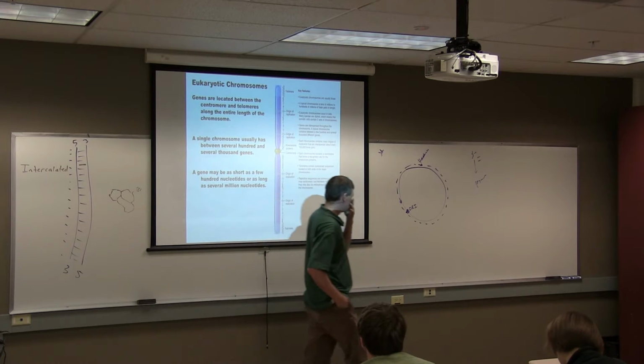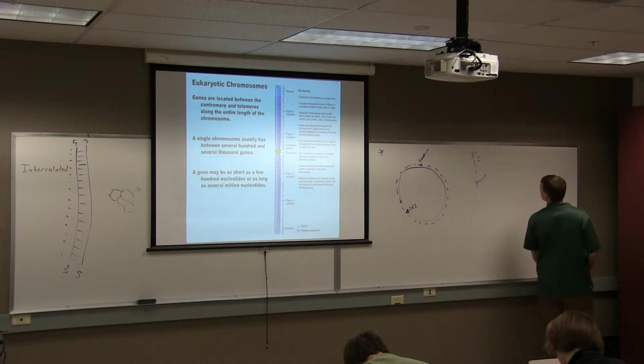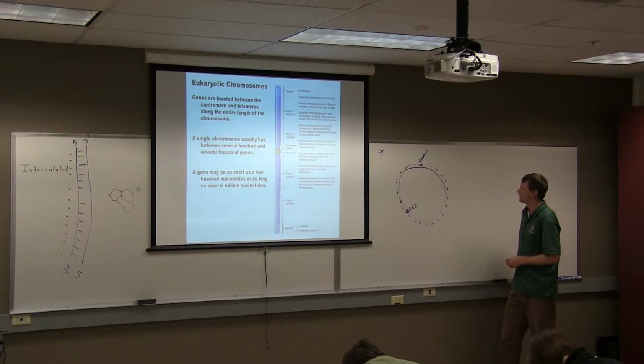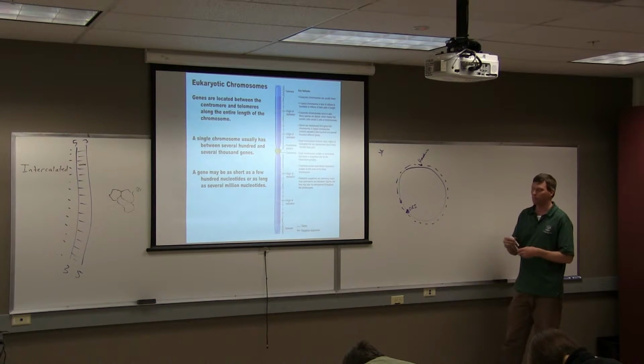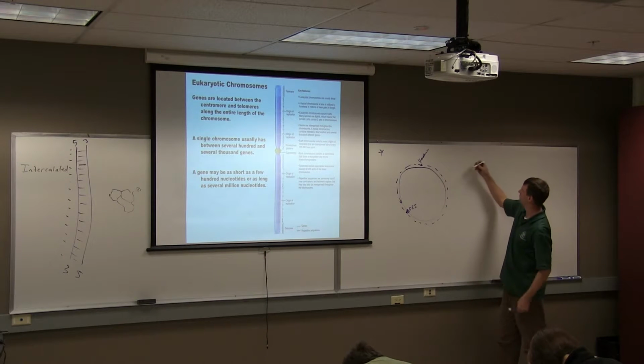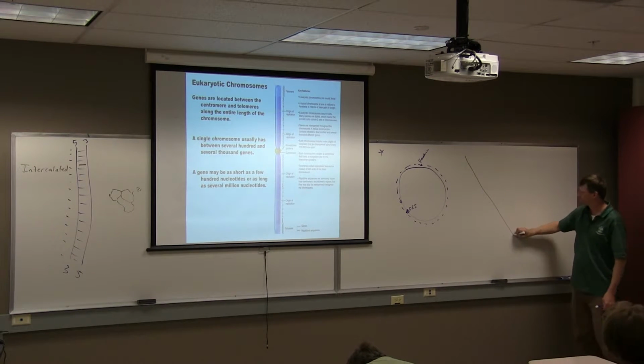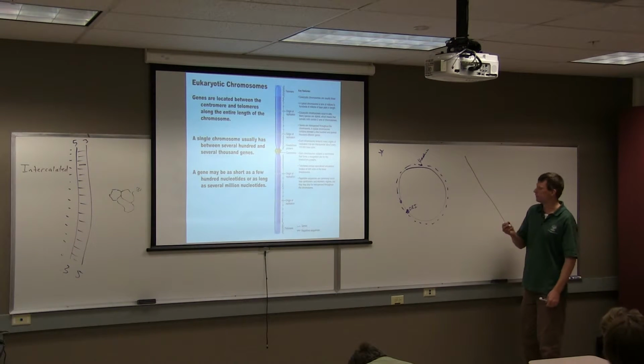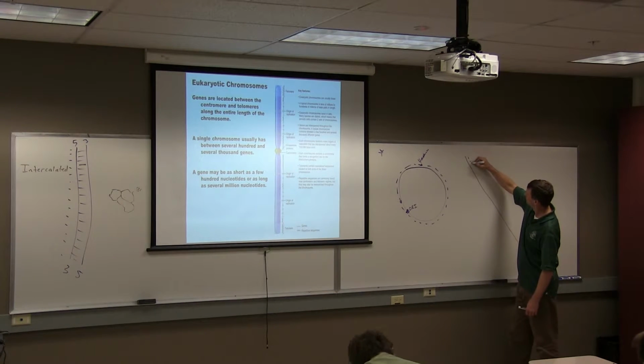Let's compare this. Human genome. Let's take a chromosome, let's just say it's a small chromosome, and it's the same size as this, but it's linear. Where are the genes on this chromosome? Turns out the genes will be located like this.